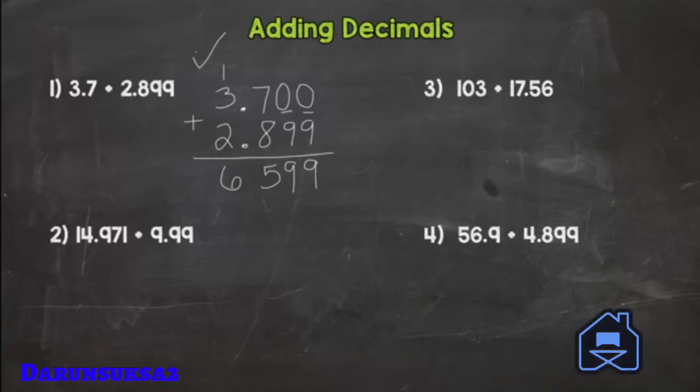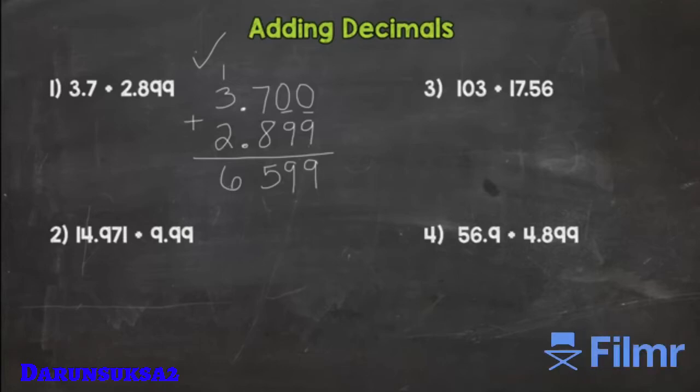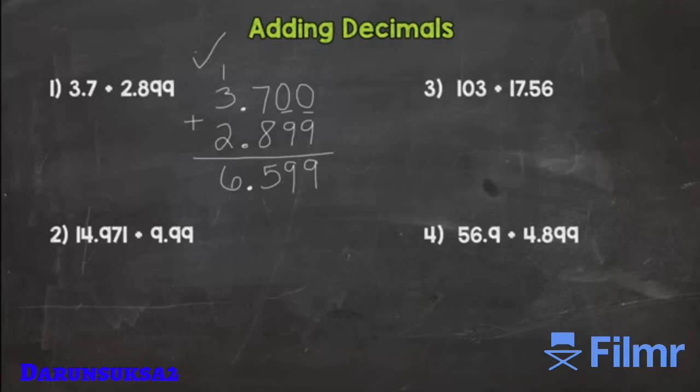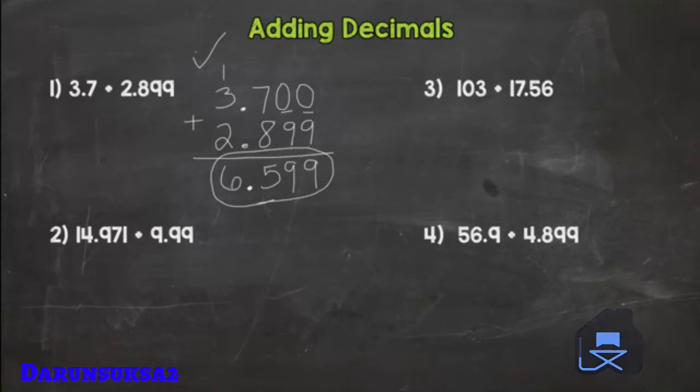I personally like to do it as I go through the problem to make sure I don't forget it. But let's do it here. And you place the decimal by bringing it straight down with adding decimals. So it would go between the 6 and 5, and our final answer would be 6 and 599 thousandths.